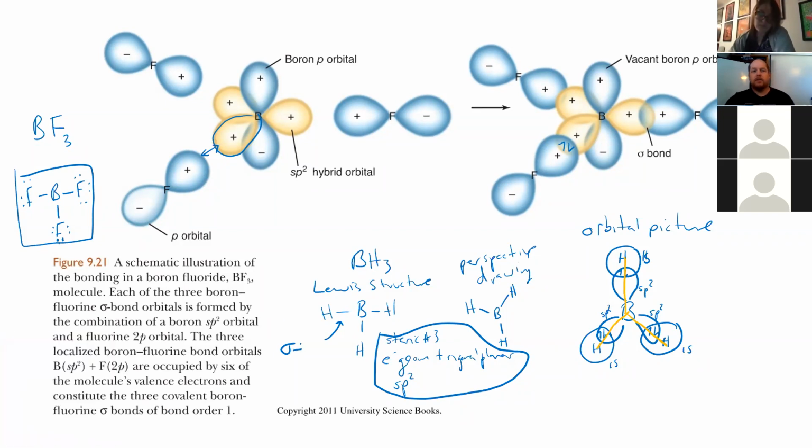So if I were to describe this bond here, I would know one thing, it's a sigma bond. And I would also know that the sigma bond comes about from a boron sp2 orbital bonded to a hydrogen 1s orbital.